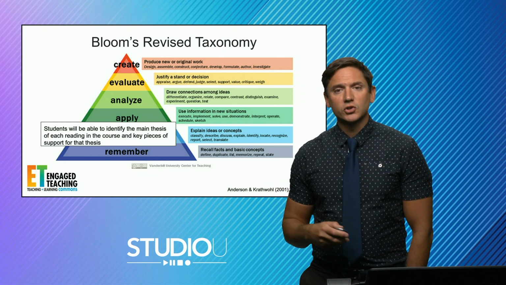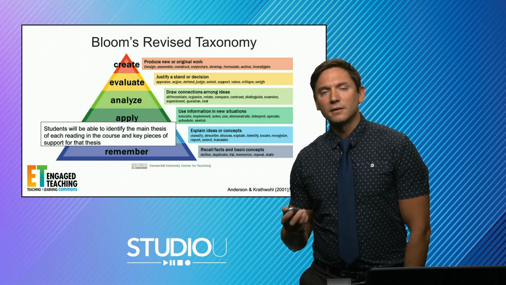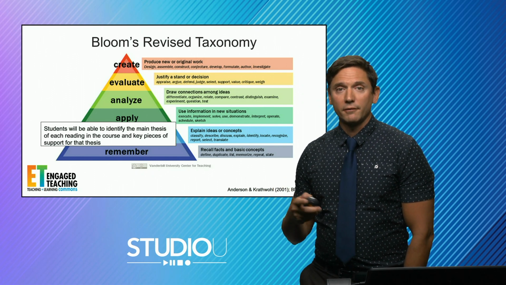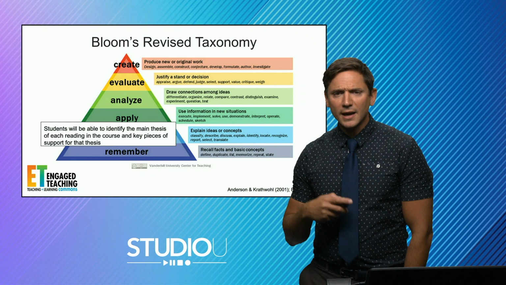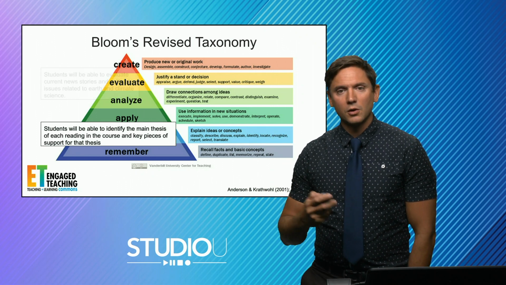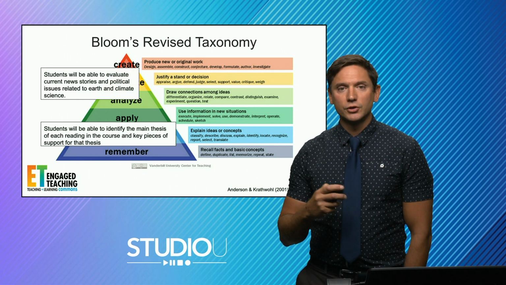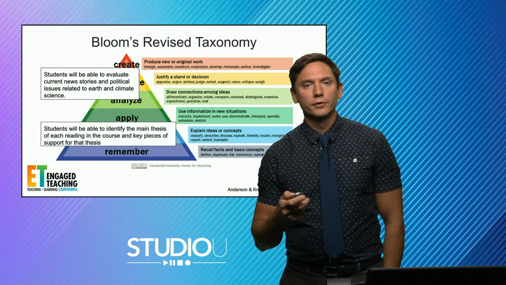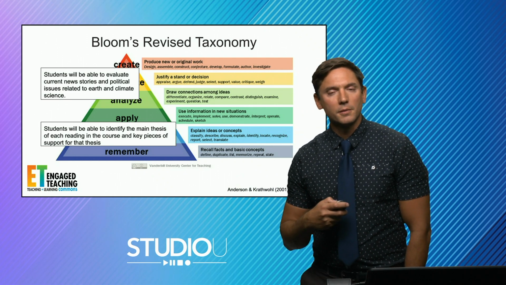So in this case, students will be able to identify the main thesis of each of the readings in their course and to support that for their particular thesis. Now, advancing up Bloom, this next one will allow students to, for example, evaluate current news stories and political issues related to earth and climate sciences.